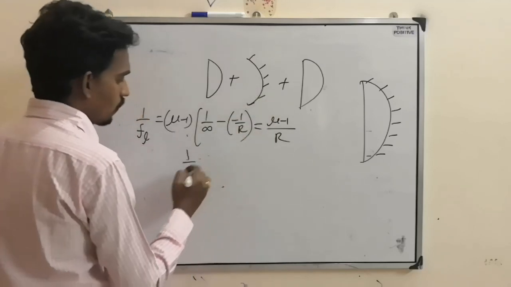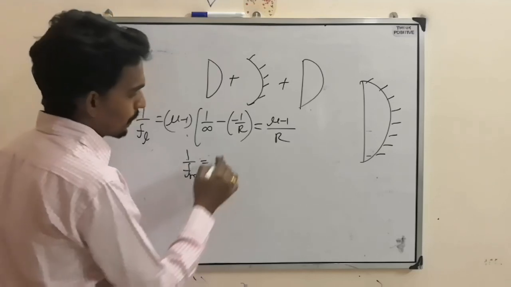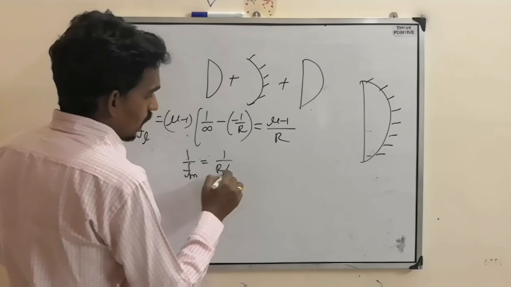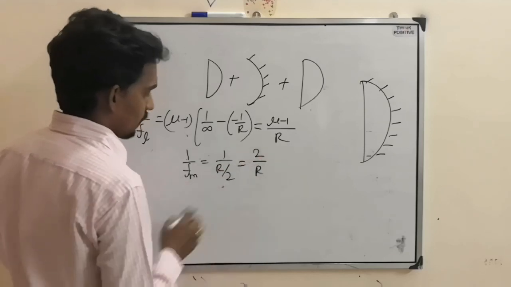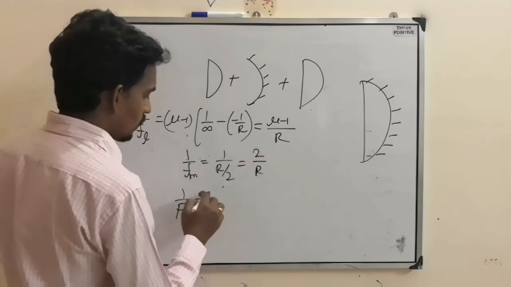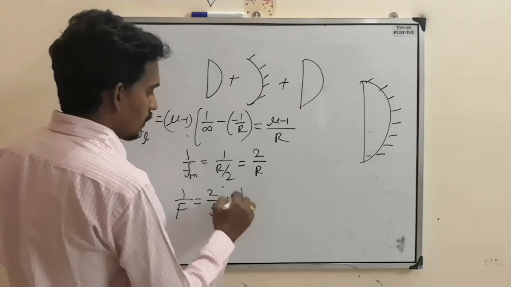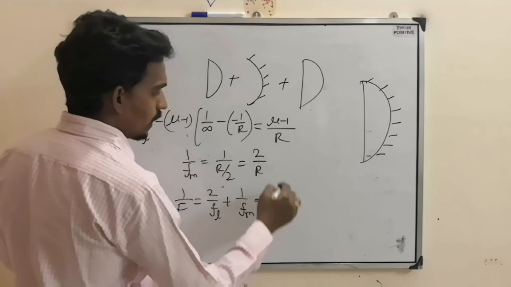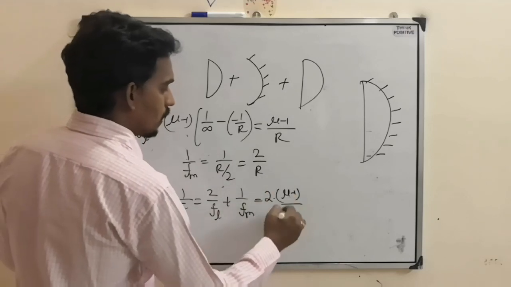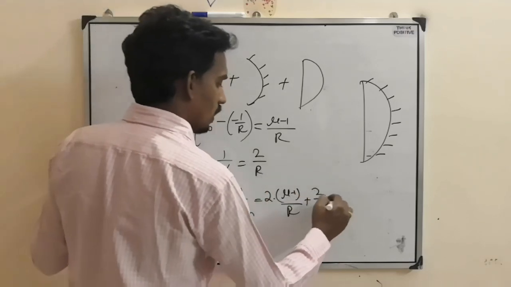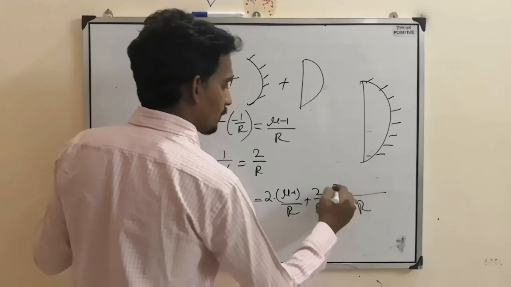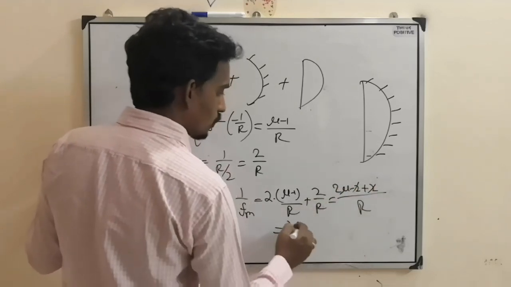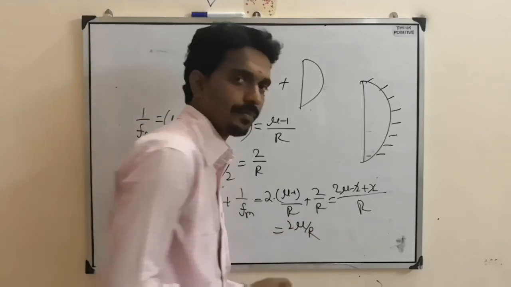Now the mirror: 1 by fm equals 1 by, for a concave mirror the focal length is half of the radius, so 2 by R. Now the resultant is 2 by fl plus 1 by fm equals 2 into (mu minus 1) by R plus 2 by R. If you take the LCM, 2 mu minus 2 plus 2, the 2 cancels, so 2 mu by R.